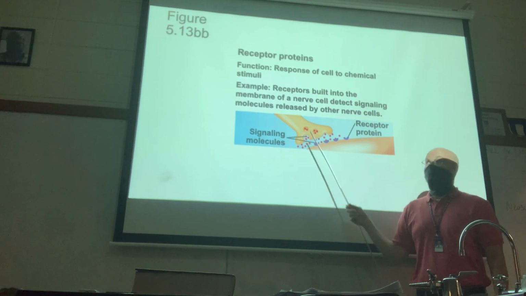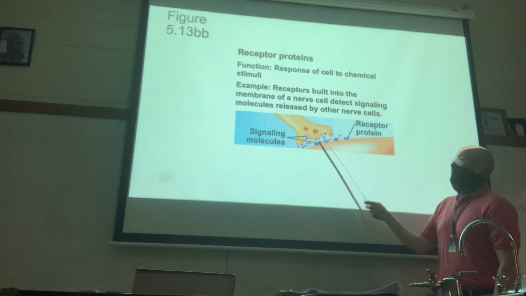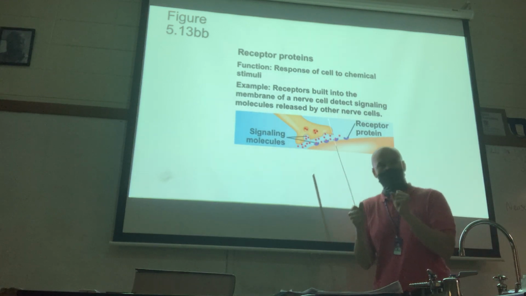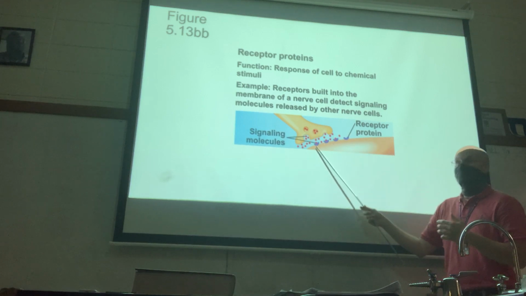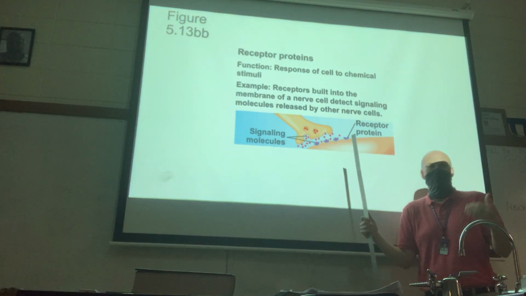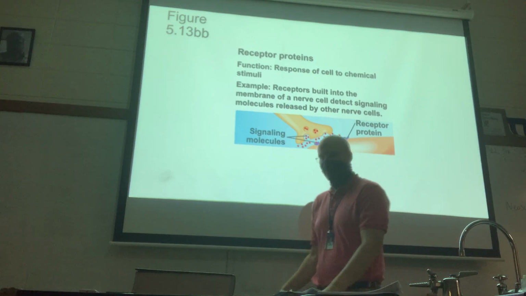Your nerve cells rely on this a lot, which is the example they give here. You'll have one nerve cell send some chemicals out. The next one will use proteins to essentially read those chemicals, and then the signal can continue down that nerve cell.